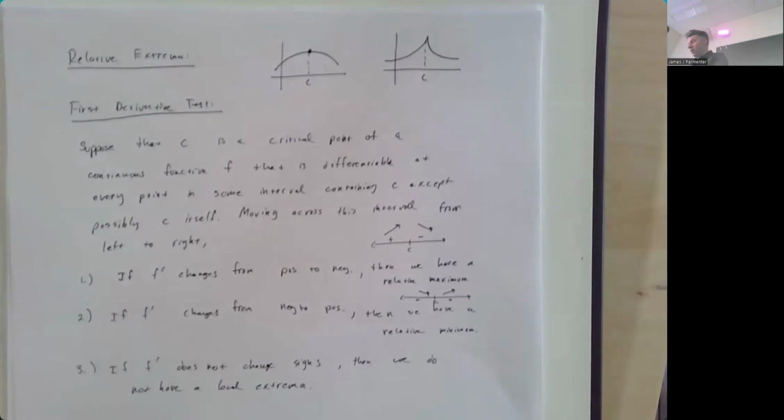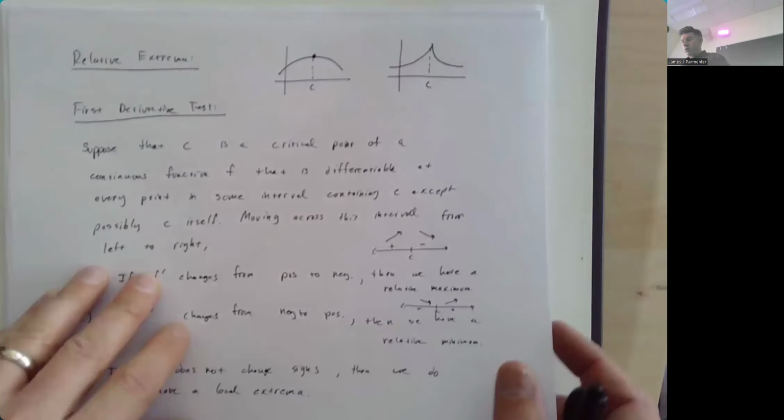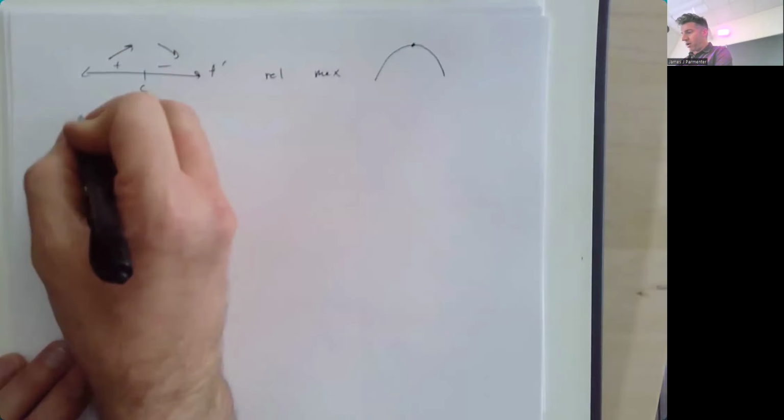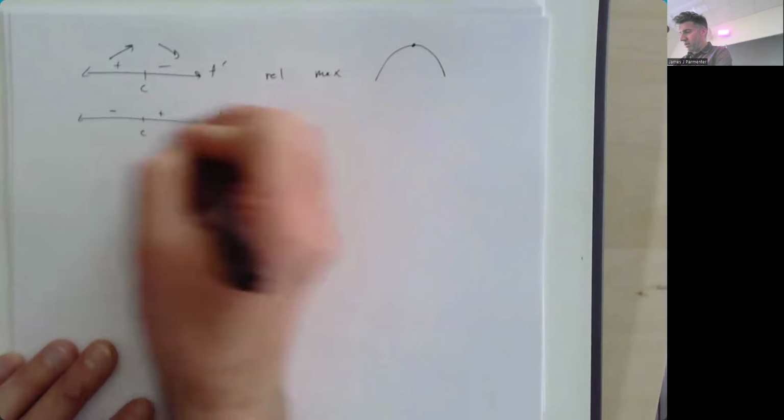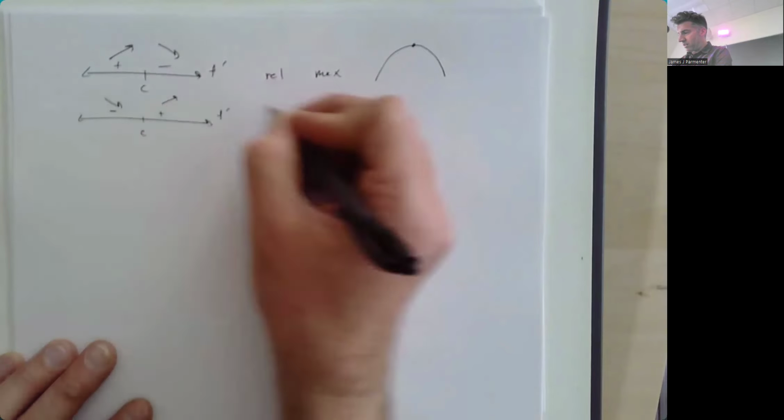What you should really know is the picture, right? If you have this kind of situation where it's positive, negative from left to right, you have a relative max because you're thinking, oh yeah, increasing, decreasing. Or if you go from negative to positive for your first derivative, that means you have a relative minimum.